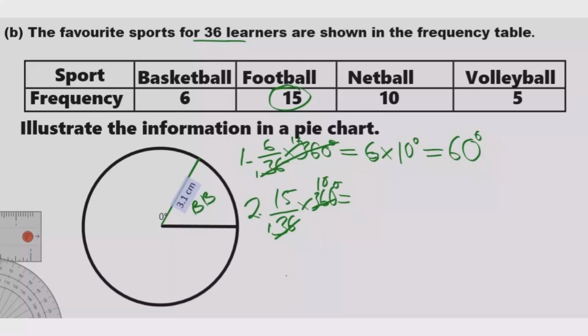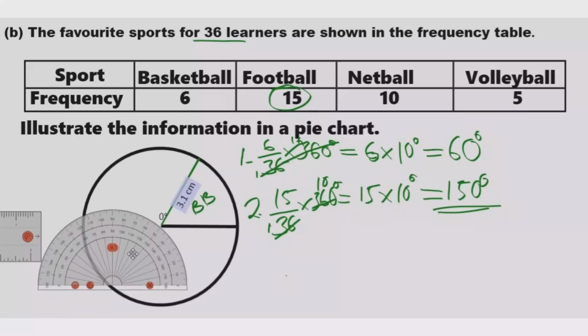So it will be 10 degrees. 1 into 15 gives us 15 times 10 degrees, which gives us 150 degrees. And that is the value of learners who have football as their favorite in a pie chart.